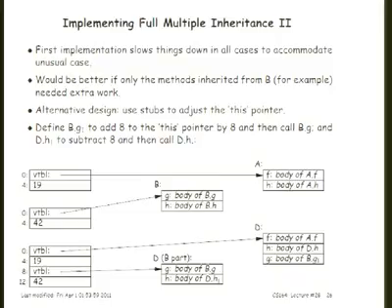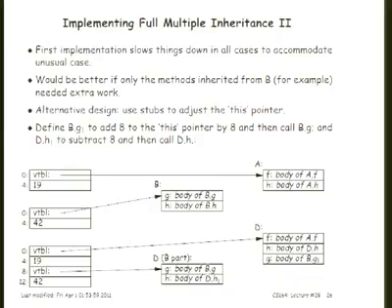So instead of having these offsets, I'll have bodies of D.h and B.h. And the way this will work is that these bodies will be different.